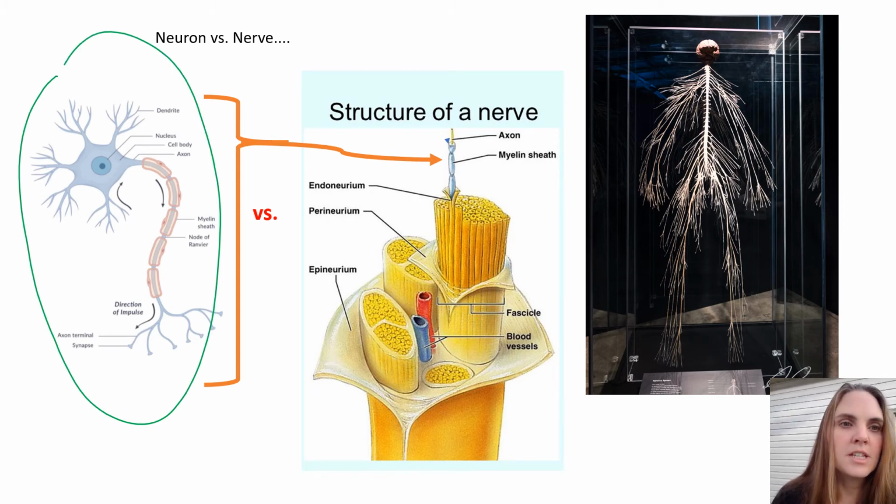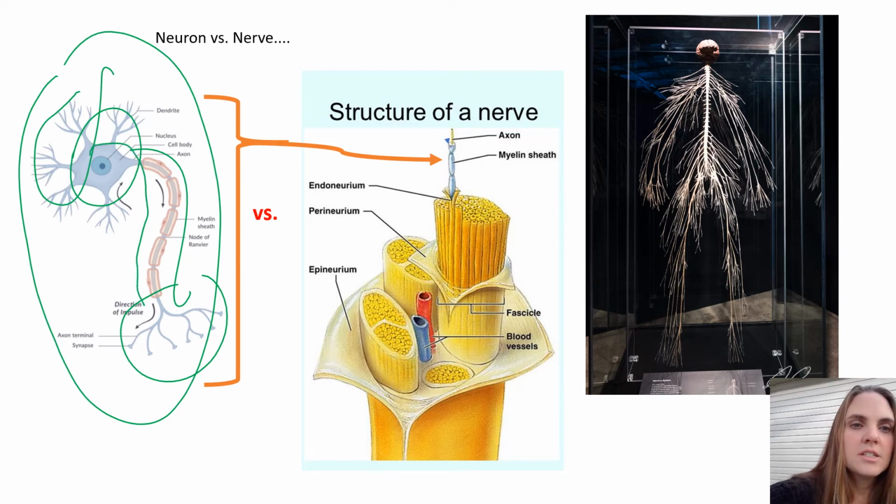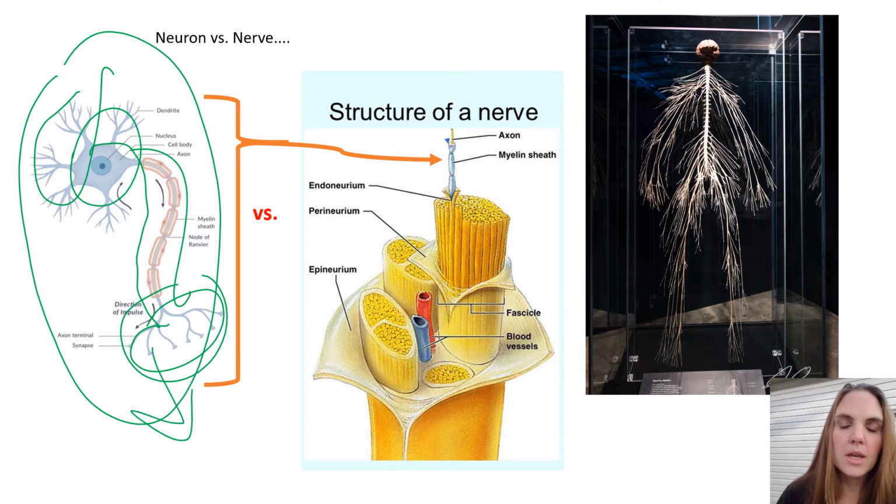So this on the left is a neuron. It's got a cell body, it's got that axon and those dendrites, and it's going to be collecting information via those dendrites, sending it down the axon to our synapses, which are going to communicate with another cell, another neuron, or a muscle cell, etc. So that's our neuron, single cell.